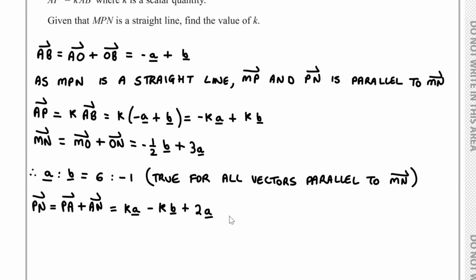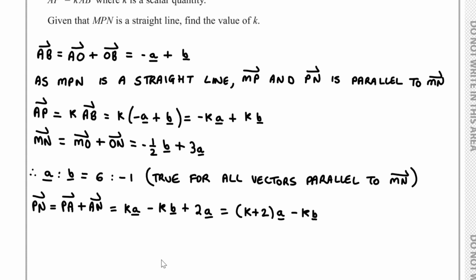So if I tidy all of this up, gathering all the terms involving an a, we've got k plus 2 lots of a, minus kb. So we've got minus kb.